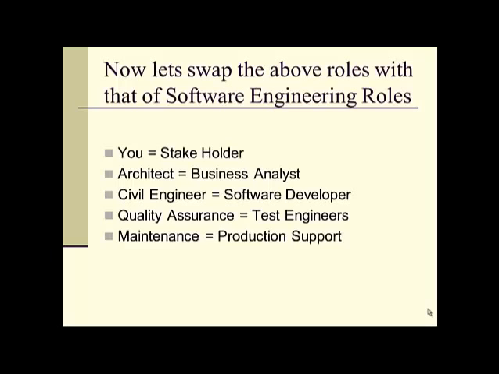So in an IT project, the test engineers or the quality assurance team, you might call them quality assurance even in the testing environment, would check to see if the software is being built as per the expectations of the stakeholders or not. And if there is any deviation or defect, then they would inform the software developers to correct that deviation, and they would retest that software to see if it is now meeting the expectations or not.